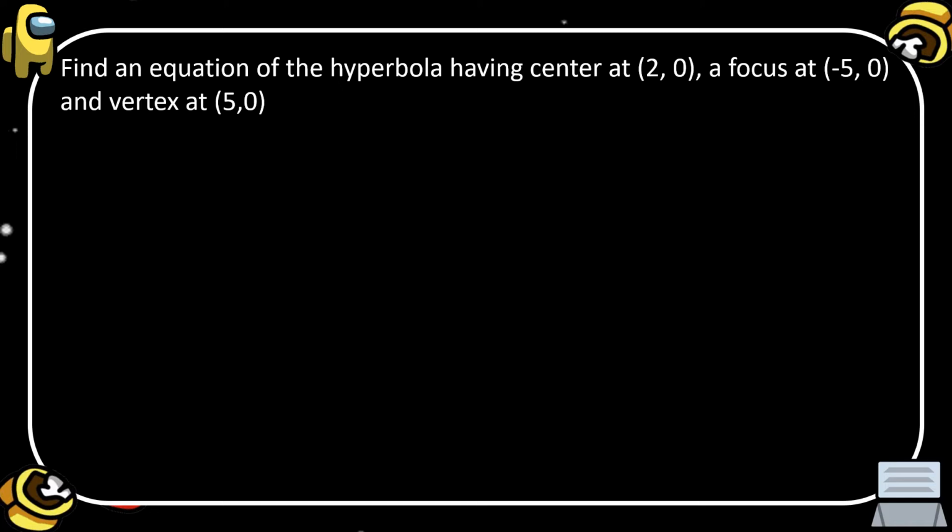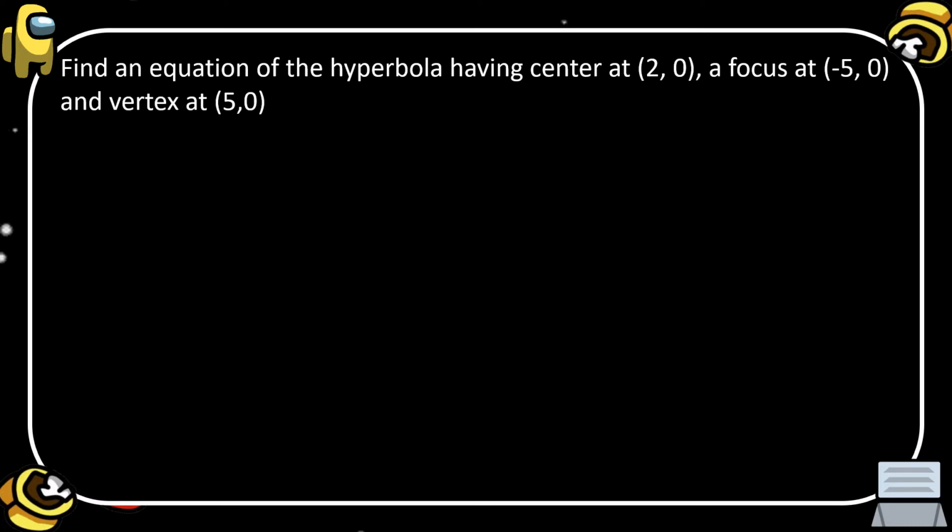So, meaning, this hyperbola is horizontal. So, mugamit ta itong horizontal formula nga x minus h squared over a squared minus y minus k squared over b squared is equal to 1.